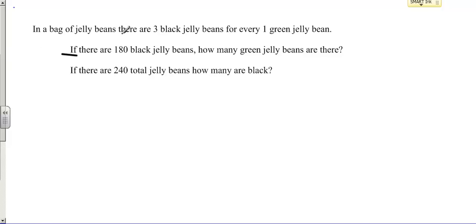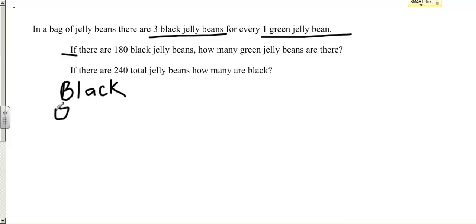In a bag of jelly beans, there are 3 black jelly beans for every 1 green jelly bean. Well, that's the simplest form ratio. I can't get any simpler than 3 black jelly beans for every 1 green jelly bean. And I'm going to draw a picture of that just to make sure. So we'll have black on this side, and my 3 black jelly beans: 1, 2, 3.